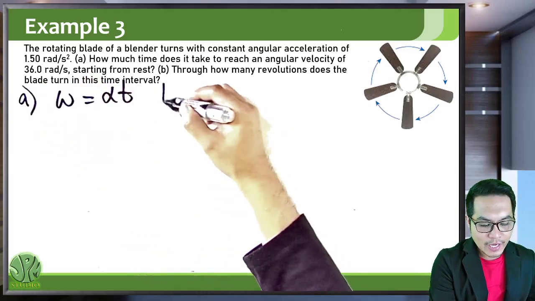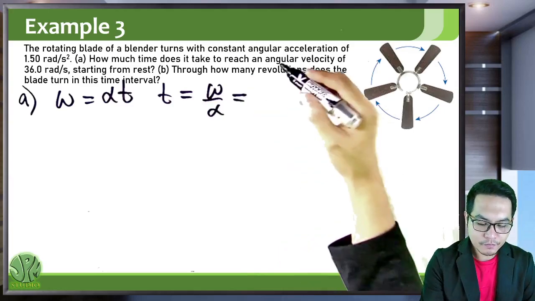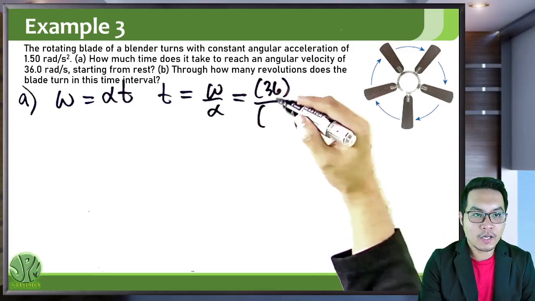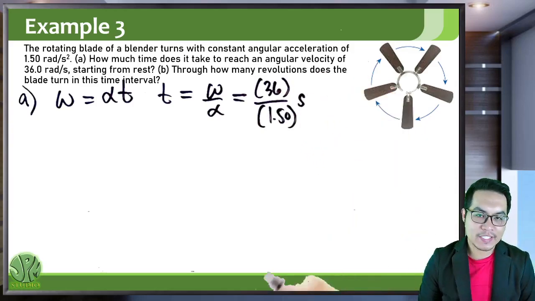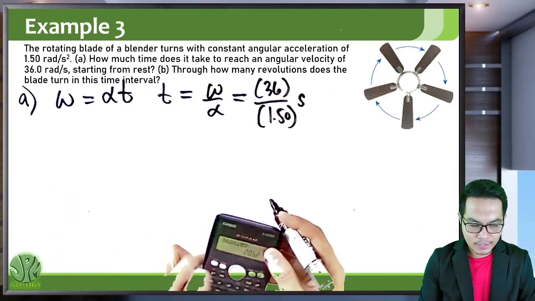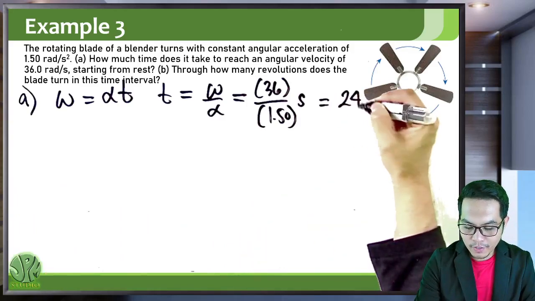To solve for time, divide by alpha, so you have omega over alpha. So you will have 36 radians per second over 1.50 radians per second squared. The final unit here will be seconds, because this is time. 36 divided by 1.50, and you will get 24 seconds.